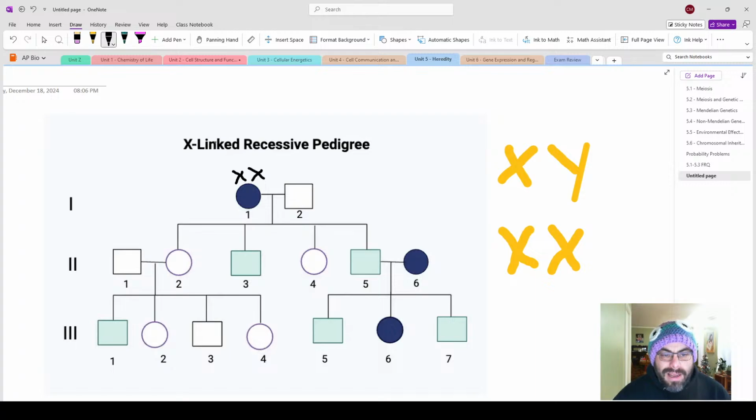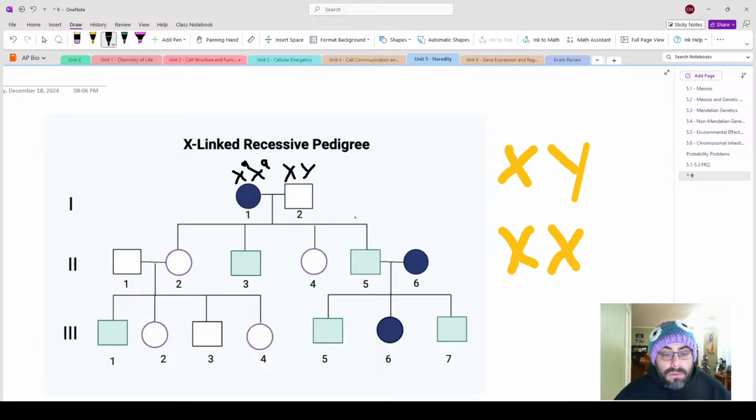Since it's an X-linked recessive pedigree, I'm going to put X's on here. Otherwise, I wouldn't. Since it's tracking a recessive disorder, and this individual has the disorder, their genotype is little a, right?